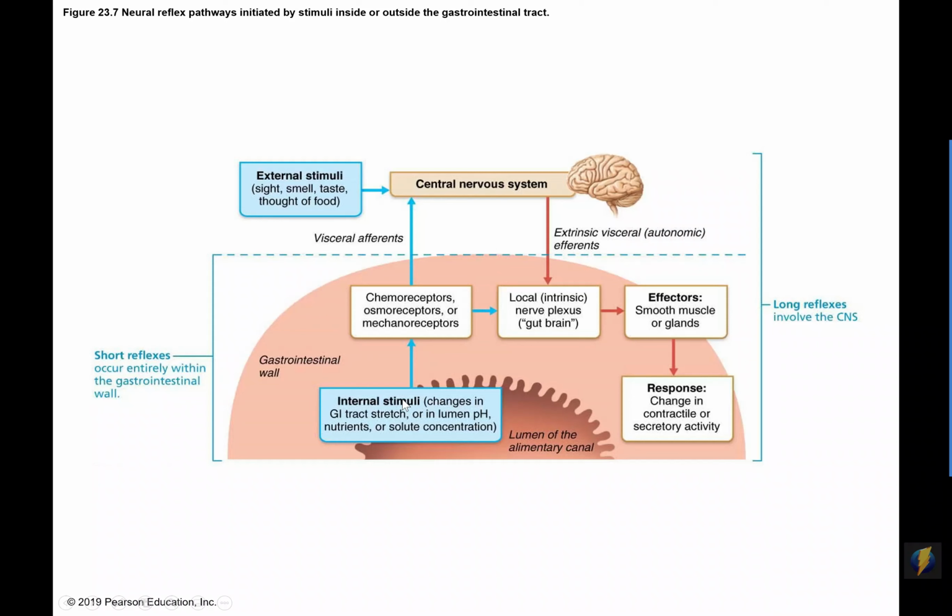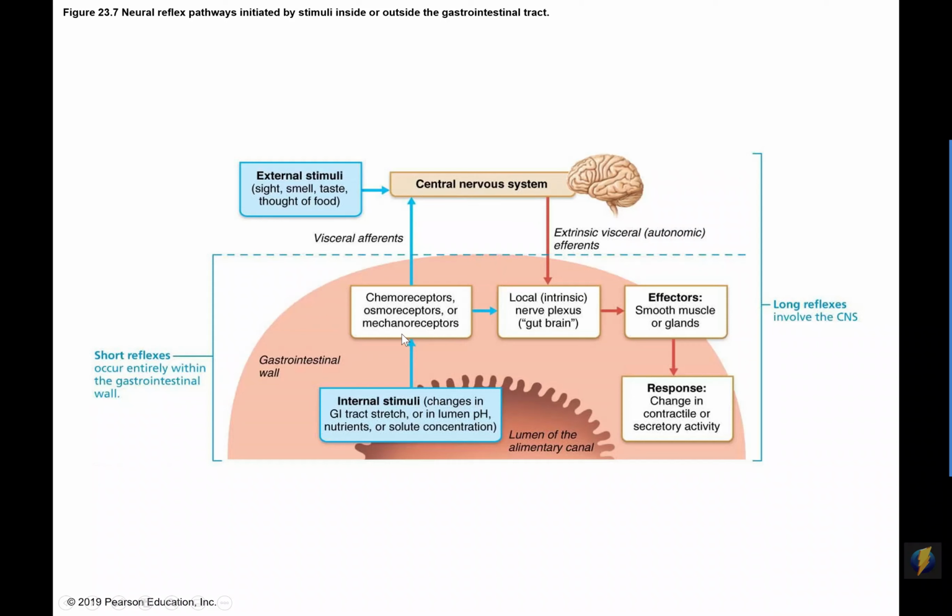That internal stimulus, again, sensed by chemoreceptors, mechanoreceptors in terms of the stretch, osmoreceptors in terms of solute concentration, can either just directly talk to the intrinsic nerve plexus, or perhaps talk to the central nervous system.